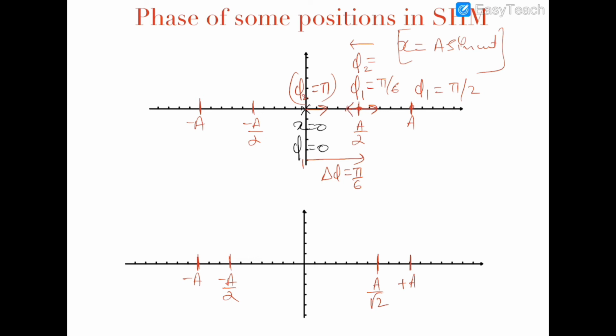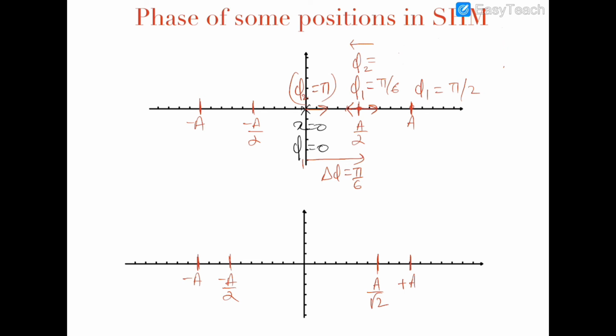So the phase of this a by 2 position can be calculated by the fact that if the particle had returned to this position, then its phase would have changed by pi, but it has fallen short by a phase of pi by 6, and therefore the phase of this position while returning back would be equal to pi minus pi by 6, which is 5 pi by 6.